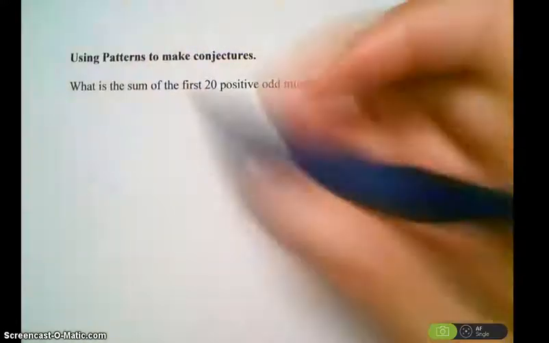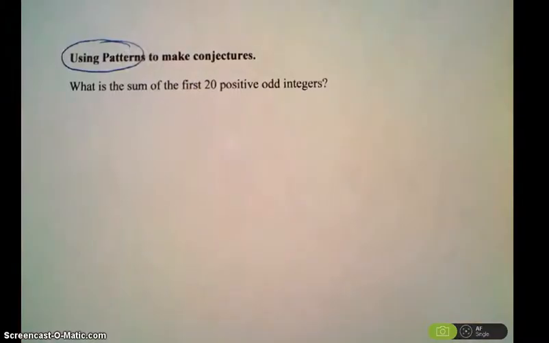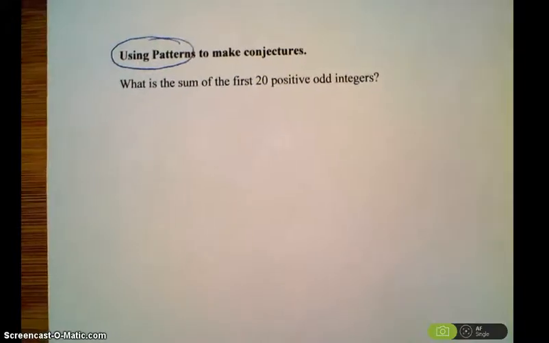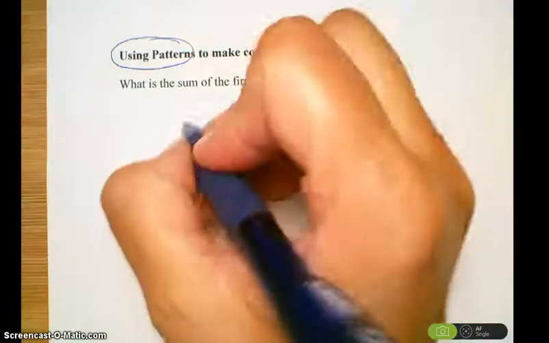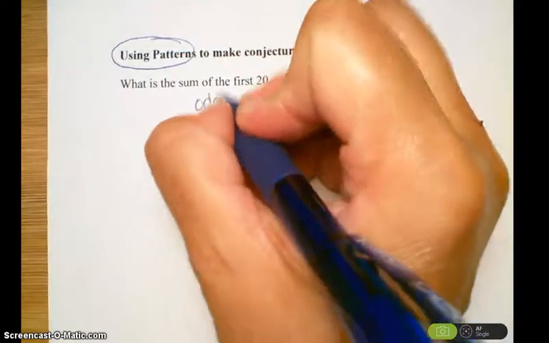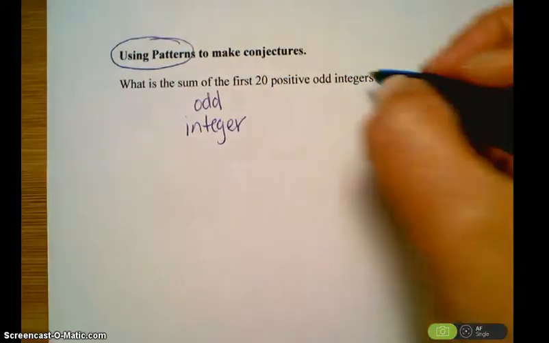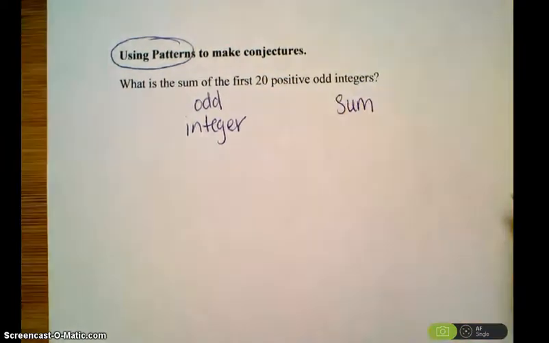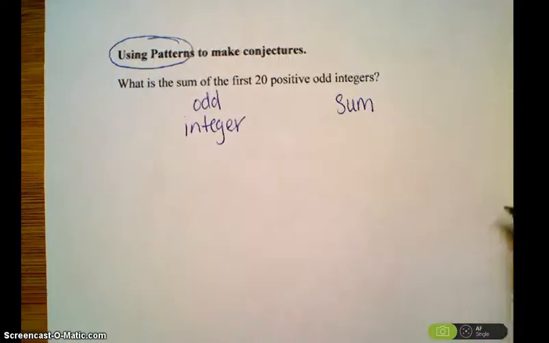And we're going to use a pattern to make a conjecture that will help us answer this question. So the first thing I'm going to do is start by writing down the odd integers. I'm also going to list what the sum is for those odd integers and then hopefully see a pattern.